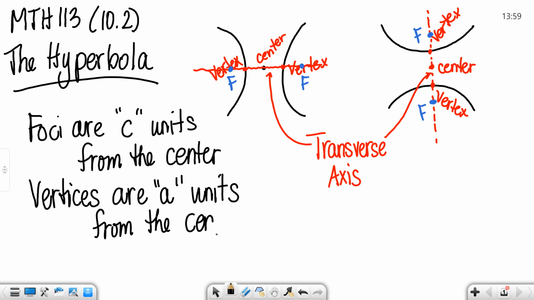That has not changed. That was true in an ellipse. So the value of A and the value of C, the actual words, represent exactly the same thing. Now both the foci and the vertices are located on the transverse axis. Okay, both of these are on the transverse axis.